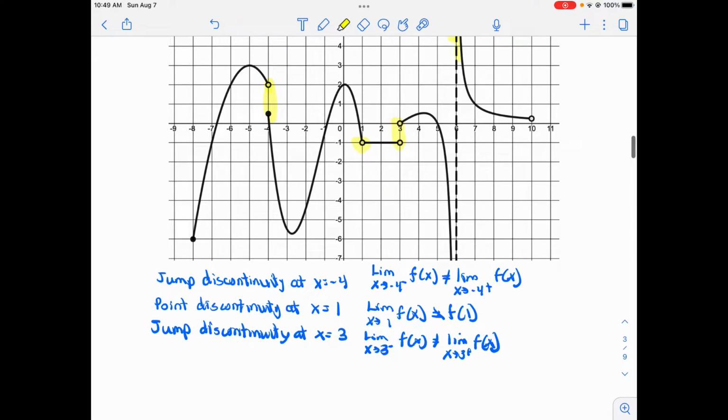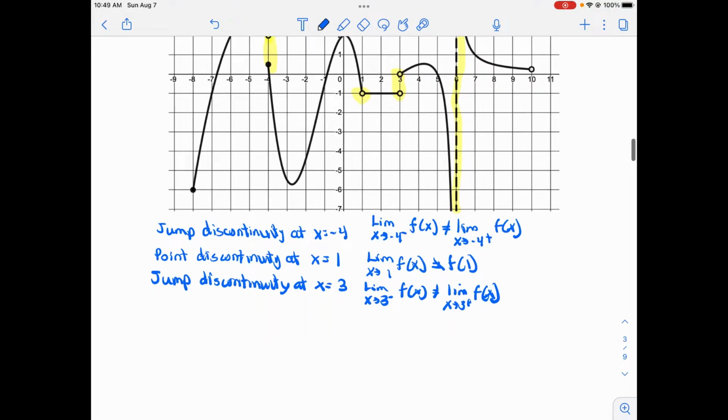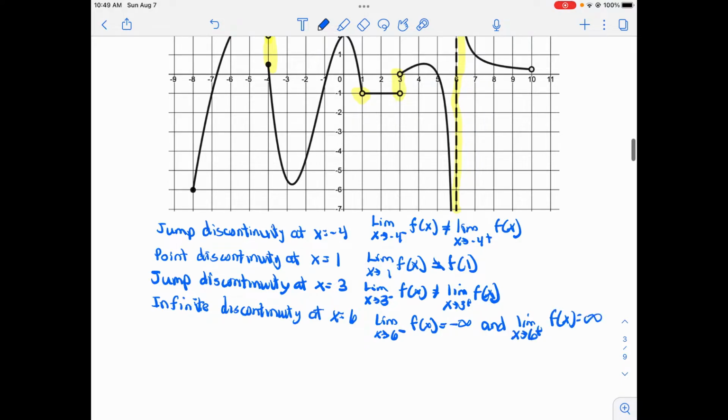And then next one is x equals 6, and that's infinite discontinuity. And we know it's infinite discontinuity because the limit as x approaches 6 from the left of f of x equals negative infinity, and the limit as x approaches 6 from the right of f of x is equal to positive infinity.